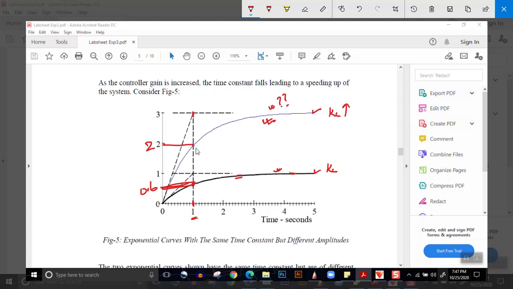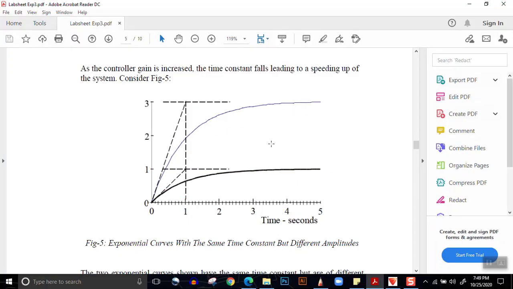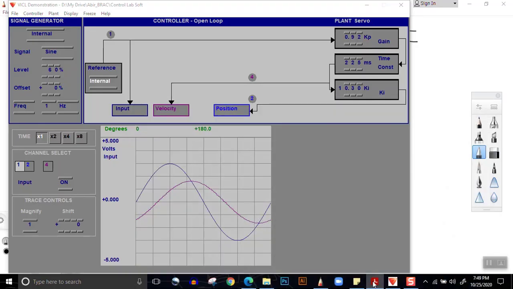That is, the change in value in this curve is much higher. As a result, this system with a higher Kc is faster than this system with a lower Kc. And obviously, if you increase the controller gain, the overall output will increase and the motor will run at a faster speed than if the controller gain was less. We'll see that shortly in our experiment as well.